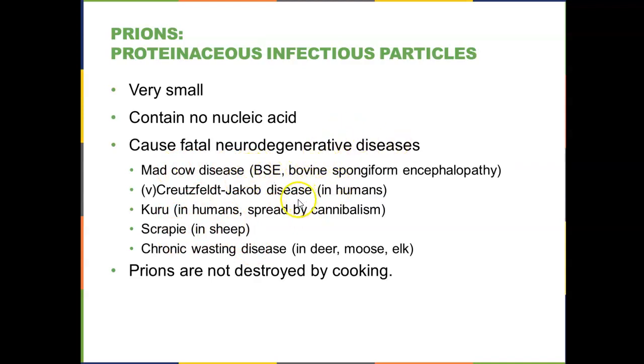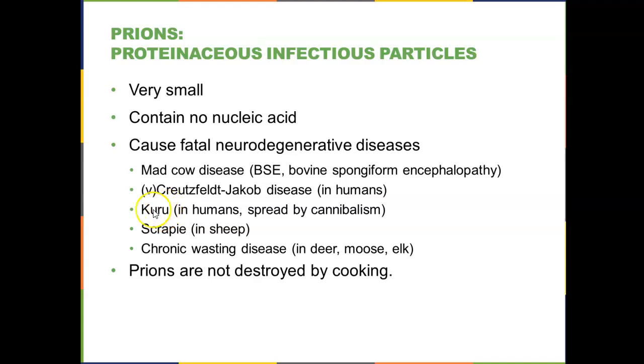The human version of it, which you get if you eat infected nervous tissue from a cow, is called Creutzfeldt-Jakob disease, which does the same thing. It's mad human disease, I suppose, because it destroys the human brain.